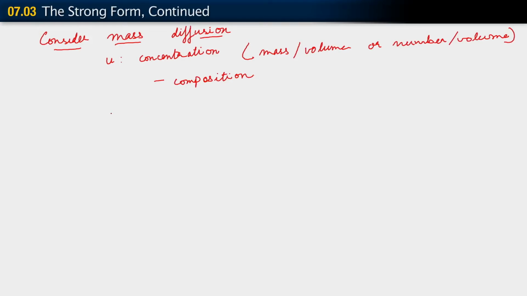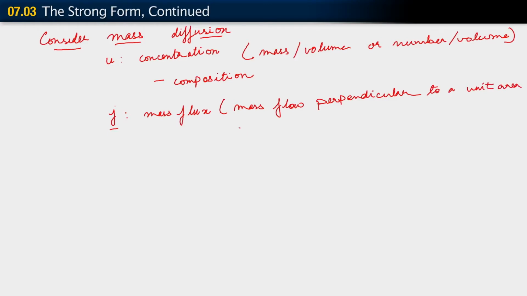All right. What about J? Now that we know direct notation, it's safe to just use that, right? J in this case would be the mass flux, right? The mass flux or the number flux, which would be mass flow perpendicular to a unit area per unit time.